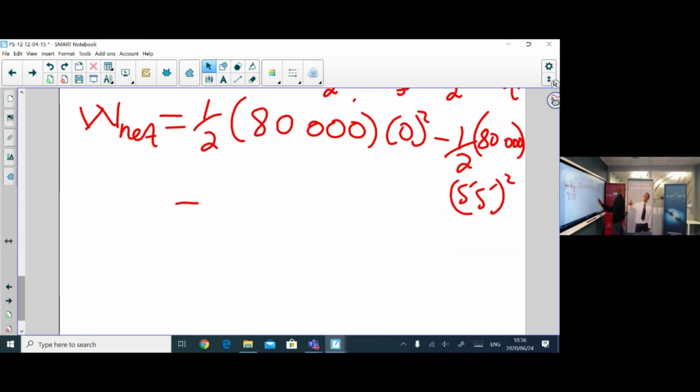If you work it out, that side gives 0. What about the other side?